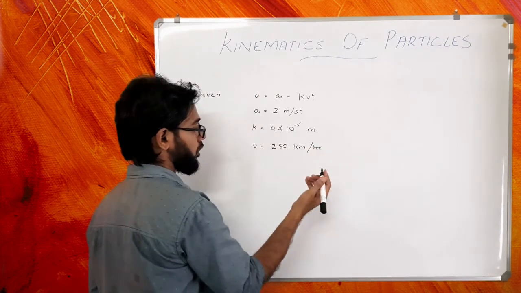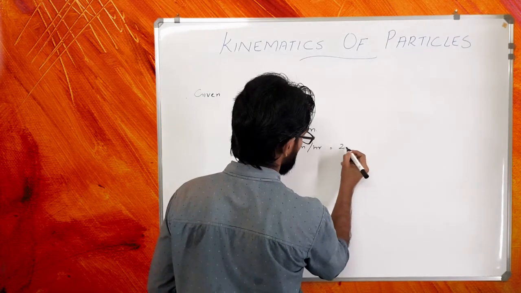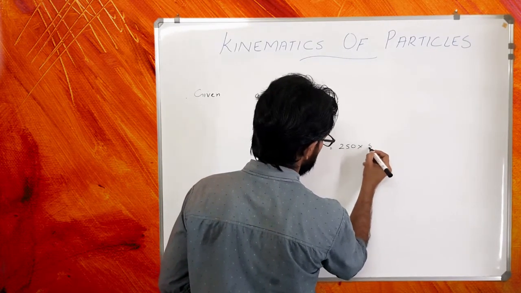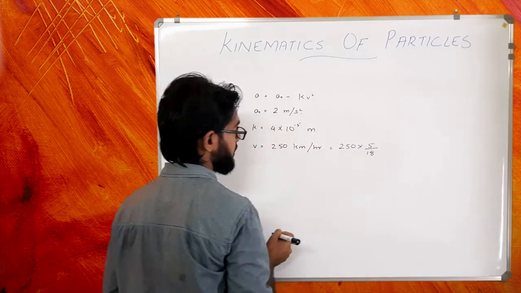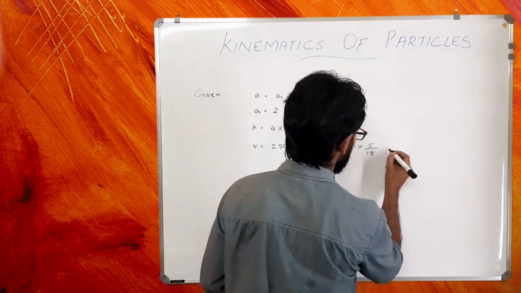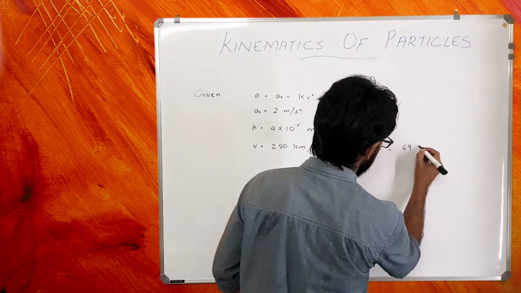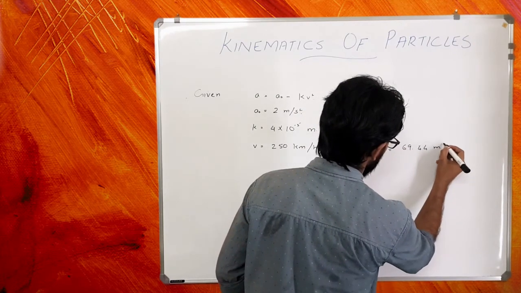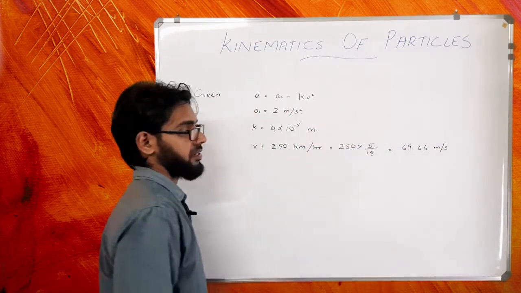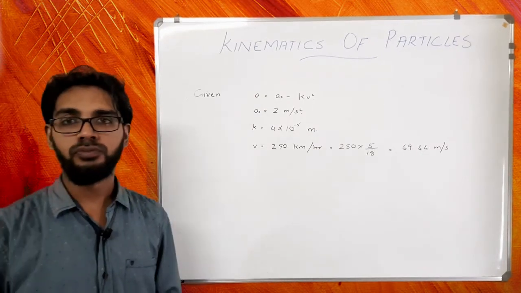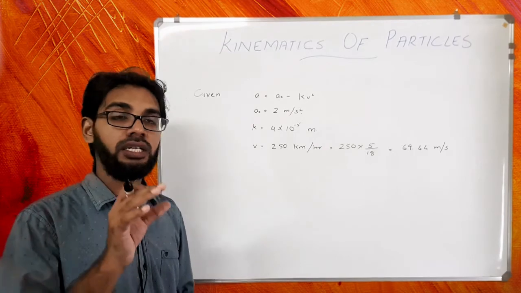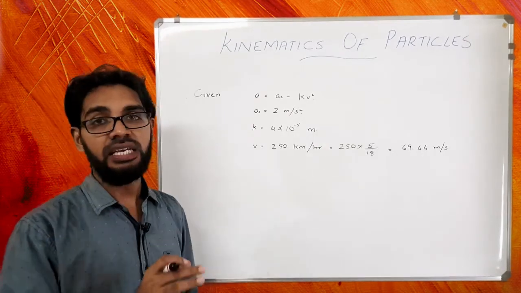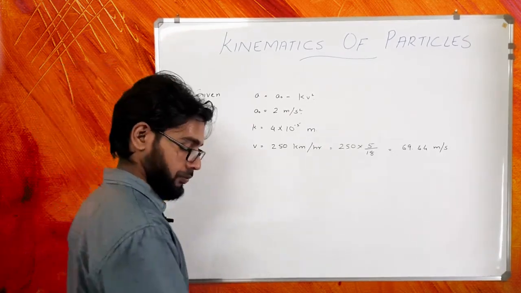If I convert it to meter per second, I have to multiply by 5 divided by 18, which will give you a value of 69.44 meter per second. Now let us go to the first part where the corresponding aerodynamic drag is excluded.